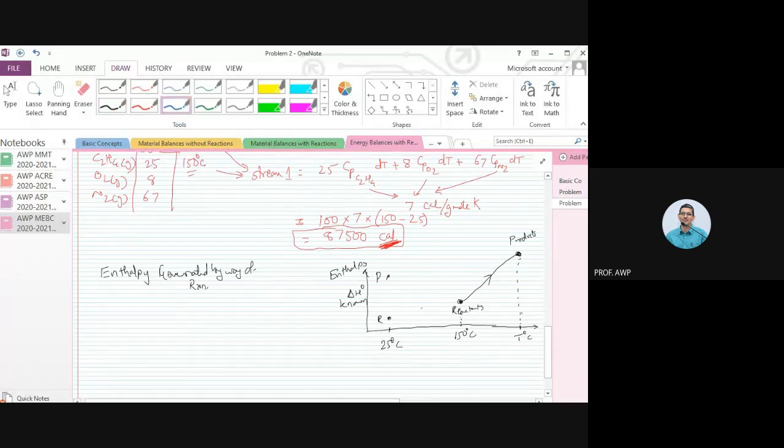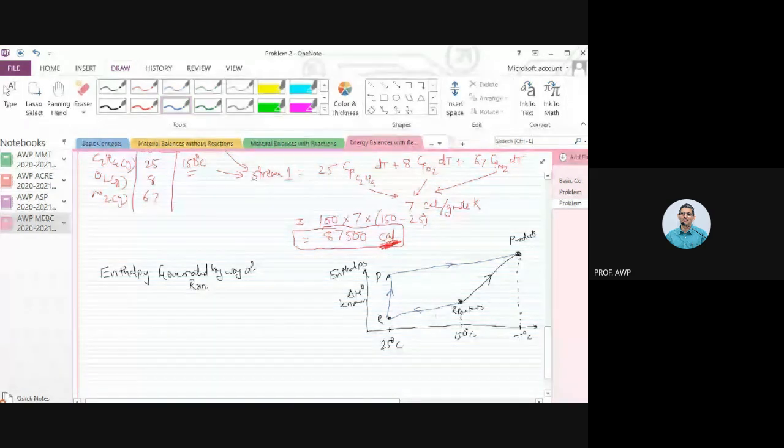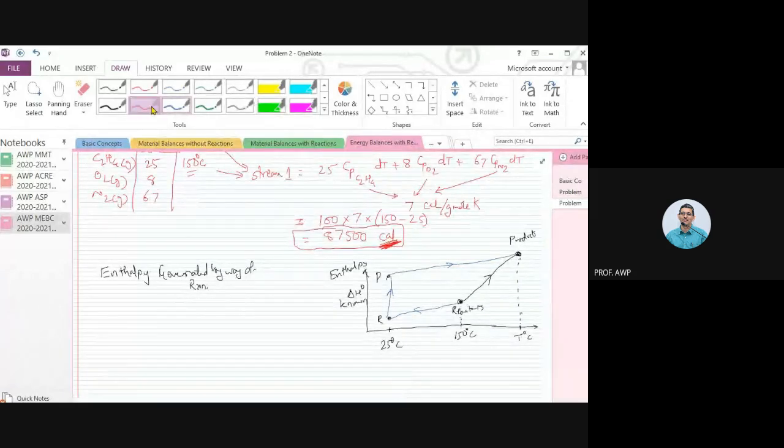One of the ways we can go is we can go to here. We can do the reaction at 25 degrees centigrade and we can heat up the products from 25 to whatever temperature is there. Or we can say reaction occurs at 150 degrees centigrade and the products get heated up to T degrees centigrade.